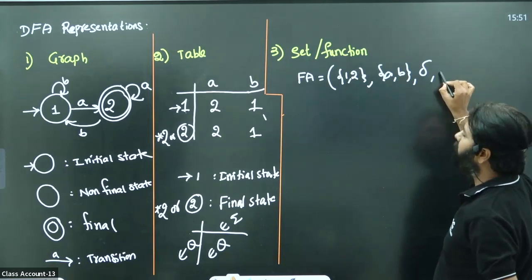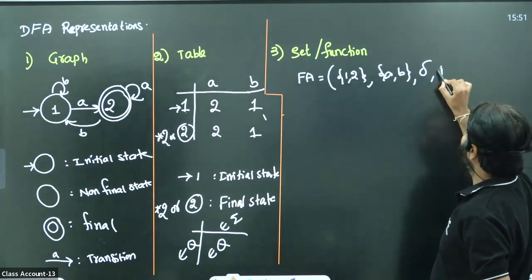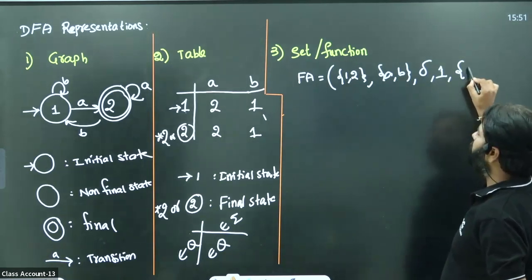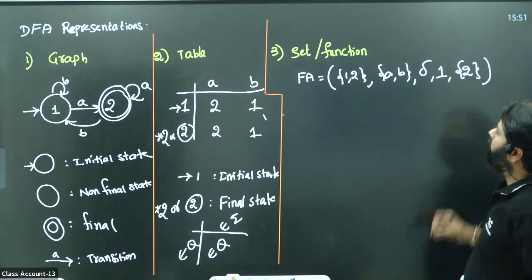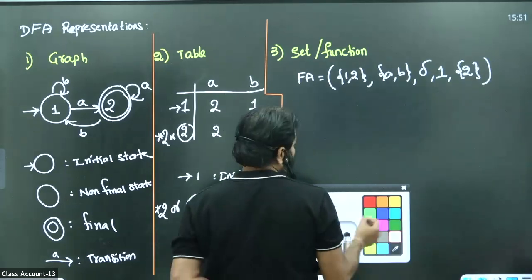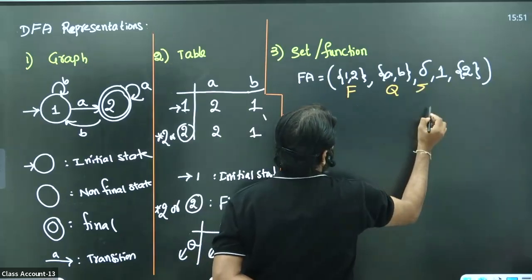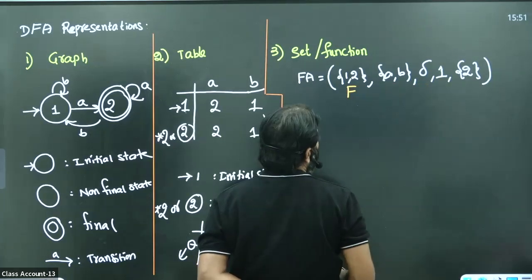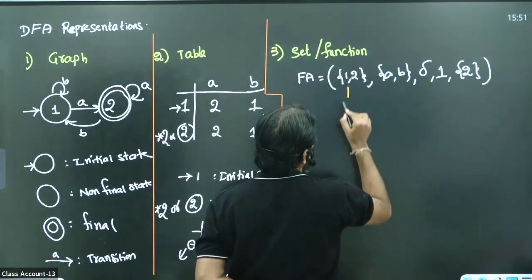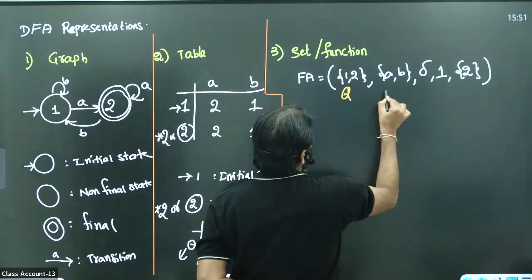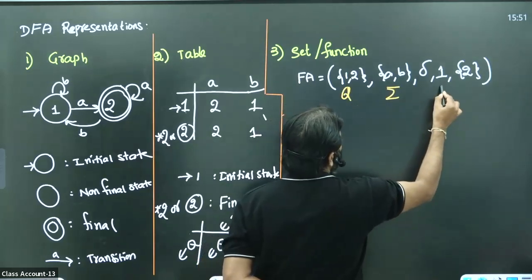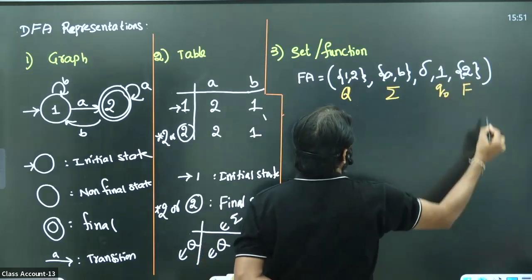And Q naught is the initial state 1. And the final states only 2. This is Q, sigma, delta, this is Q naught, and this is F.